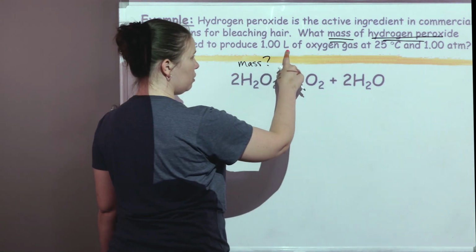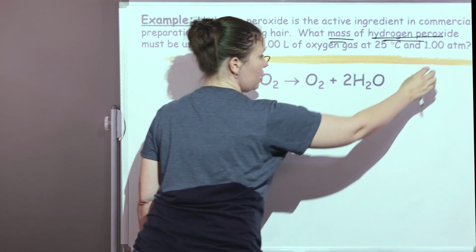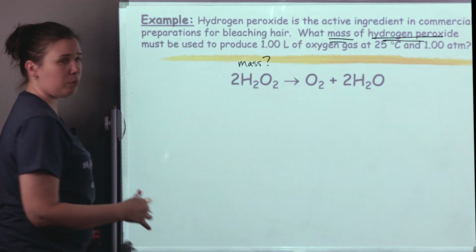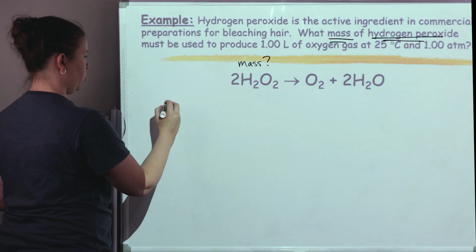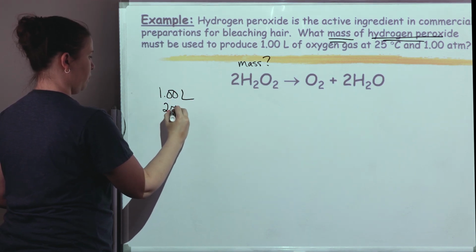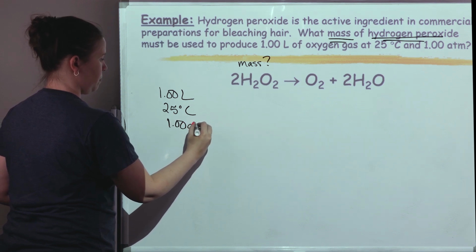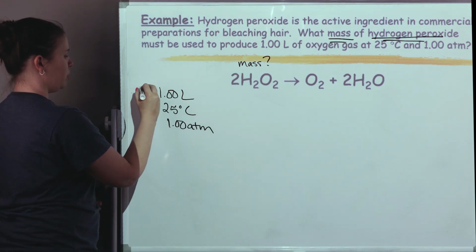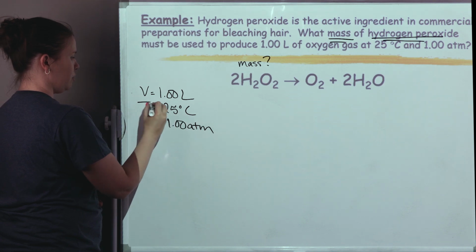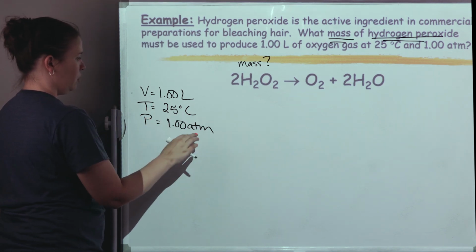We have 1 liter of oxygen gas at 25 degrees Celsius and 1 atm. So that's where I'm going to start my list of variables. 1.00 liters, 25 degrees Celsius, and 1.00 atm. So liters would be volume, degrees Celsius would be temperature, and atm would be pressure.